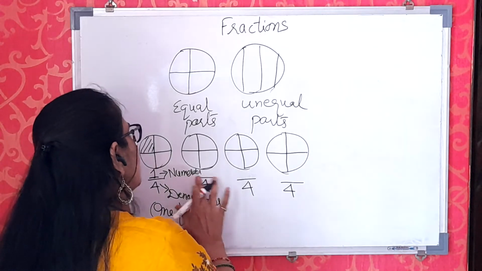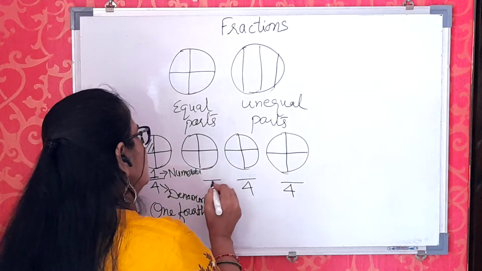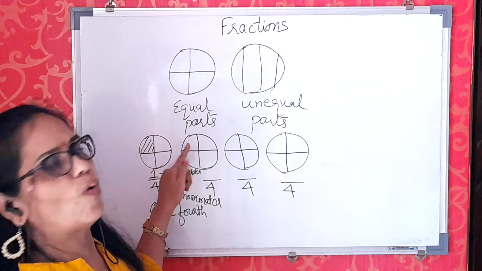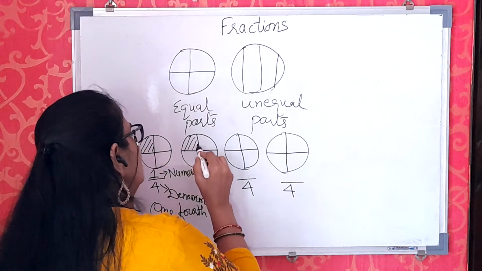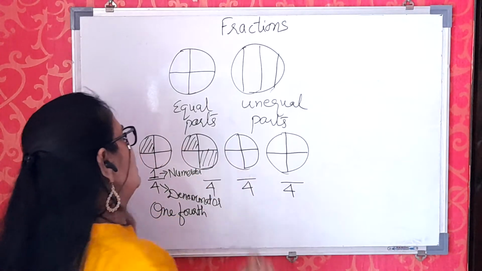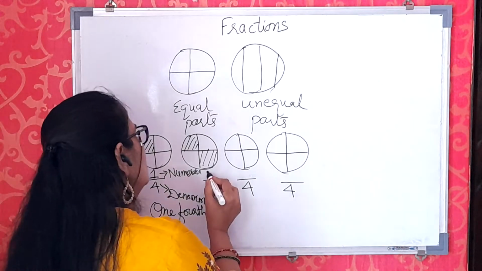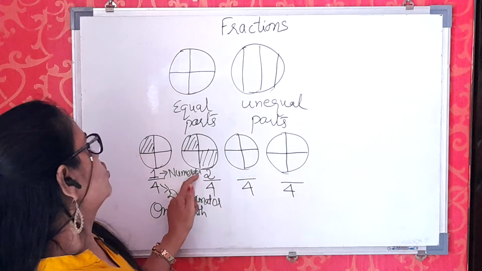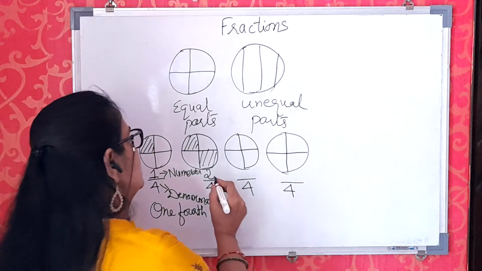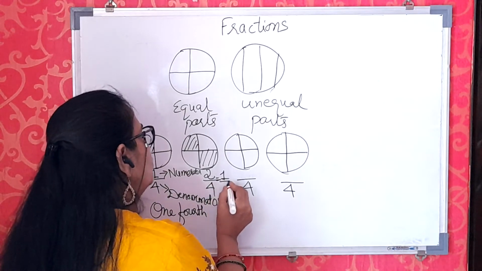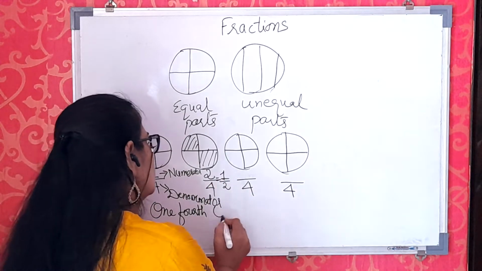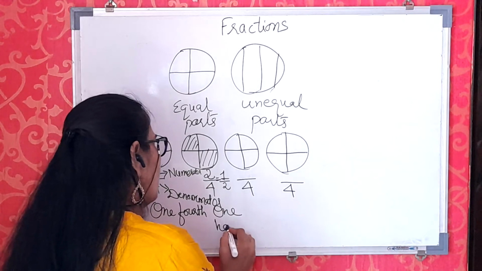Now in the second figure, the second pizza, out of 4, I ate 2 pieces. That means almost half. So here 2 upon 4 is equal to 1 upon 2. That is 1/2, so you will read it as 1/2.